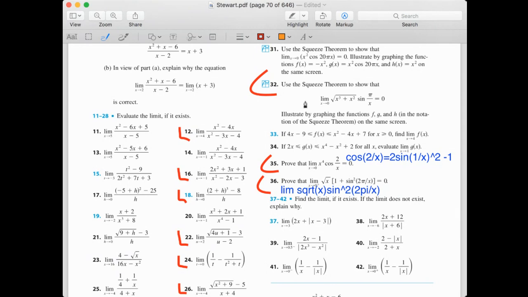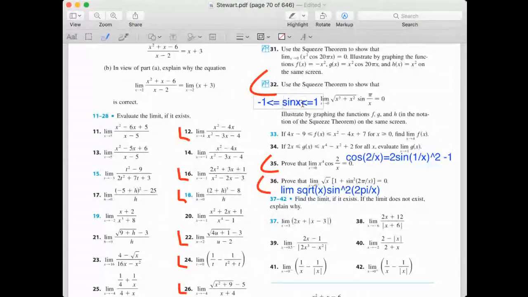All right. Anybody? Okay, let's go back to 32. 32 is saying use the squeeze theorem. A lot of times we use the squeeze theorem. So what is the squeeze theorem? In this case, we know sine is bounded between -1 and 1.